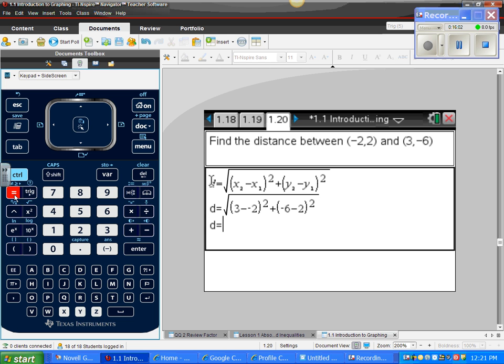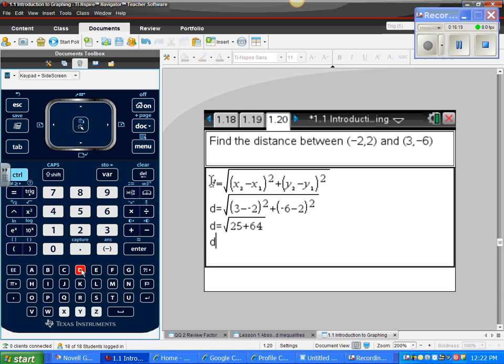And then we're going to do out the math. We get the square root of 3 minus negative 2, which is 5 squared, plus negative 6 minus 2, which is negative 8. Negative 8 squared is 64. And we have D equals the square root of 25 plus 64, which is 89.